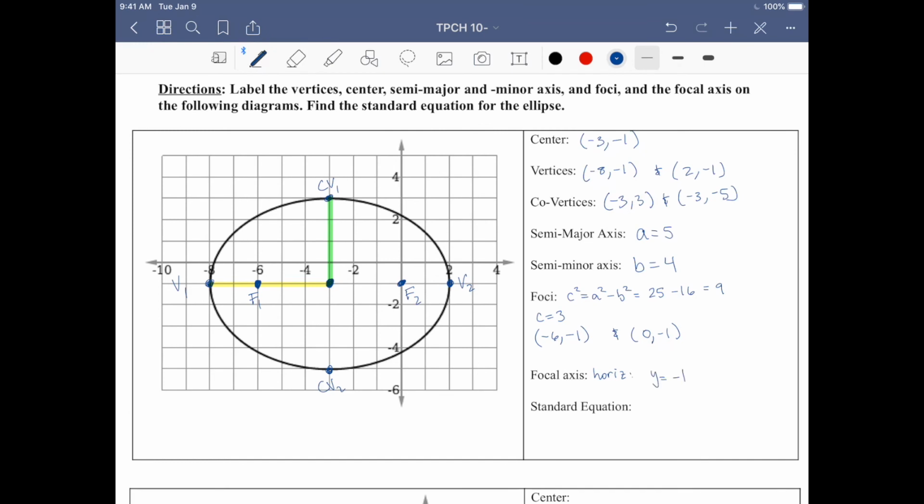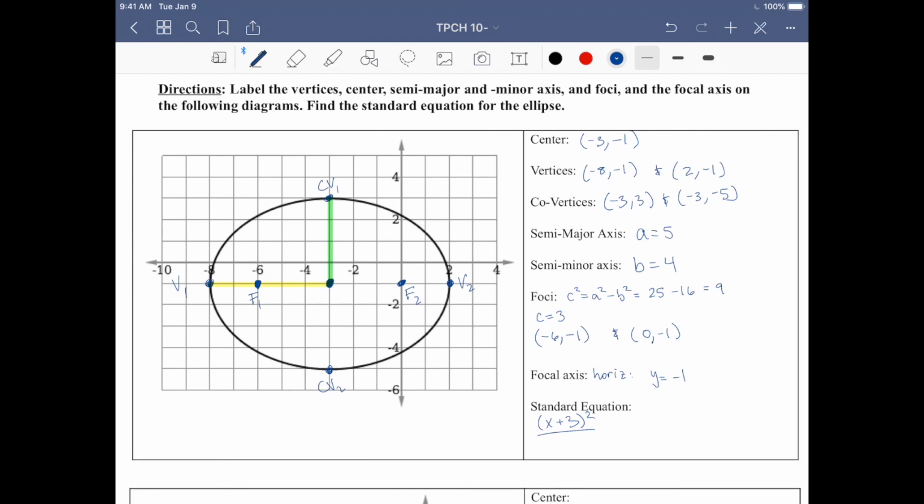And now for the standard equation. Because my focal axis is horizontal, it's being stretched horizontally. So I like to think that it's longer on the x. So I'm going to write my x's first. (x minus h), which in this case is x minus -3, so x plus 3, squared. I'm going to put this over the a value since it's the biggest.